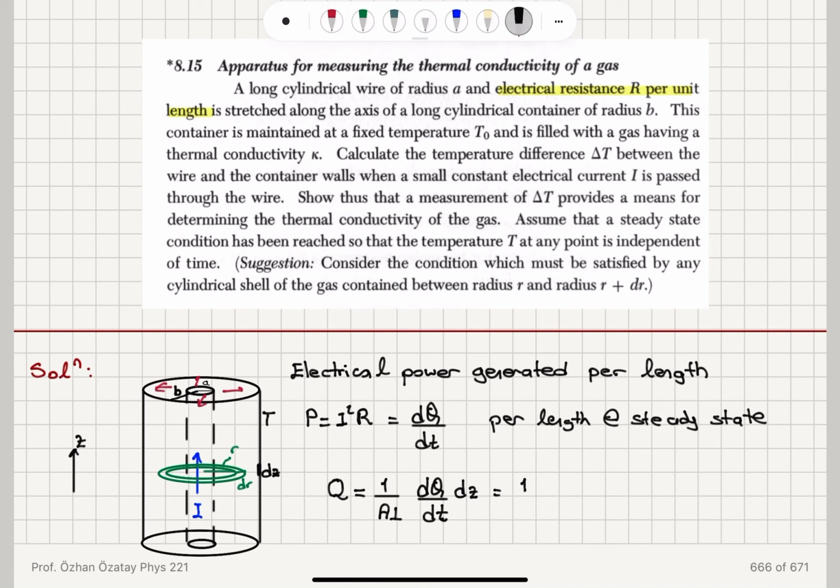Outside temperature is T0. And this is 1 over 2 pi r dz, the surface area that this flux sees as it flows radially outward, multiplied by the heat dQ/dt per unit time, per unit length, so it has to be multiplied by dz. So these dz values will cancel.